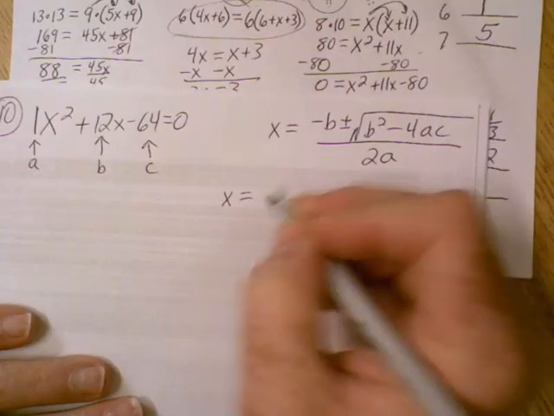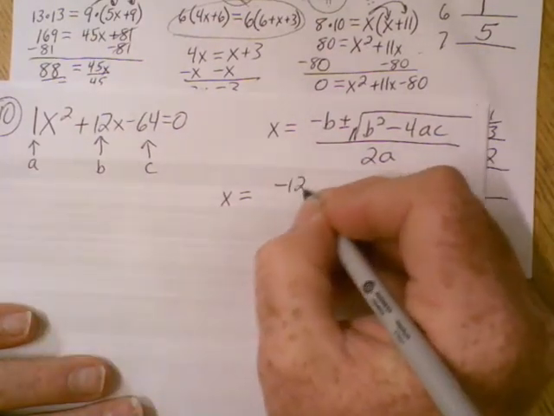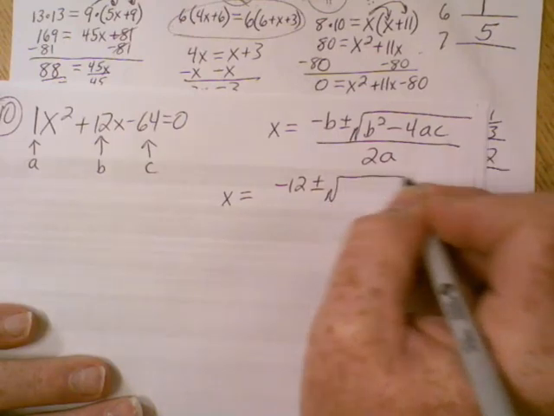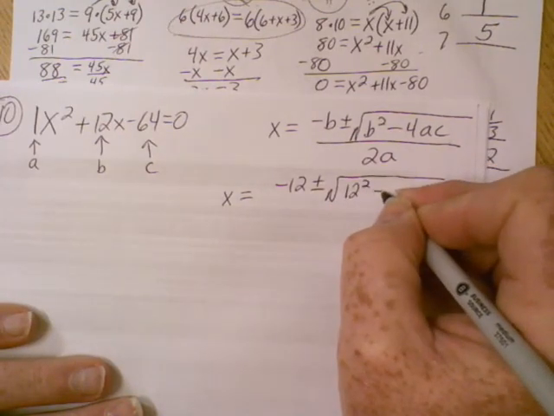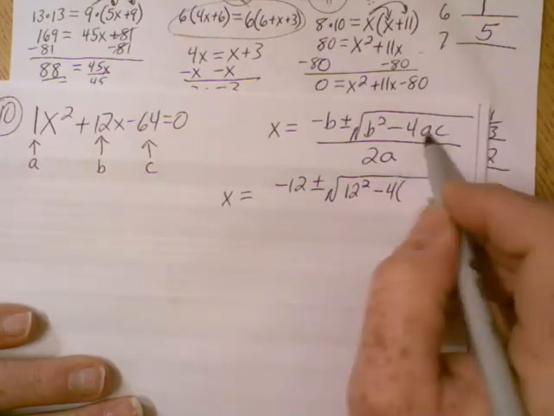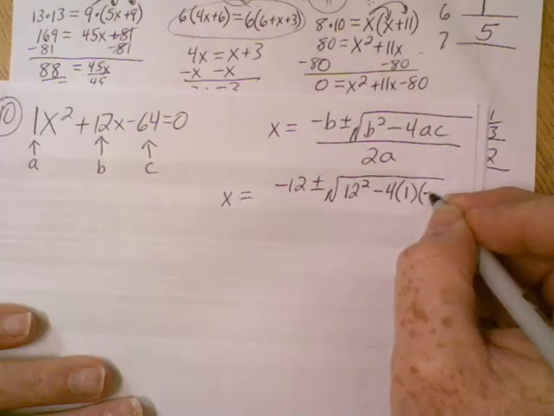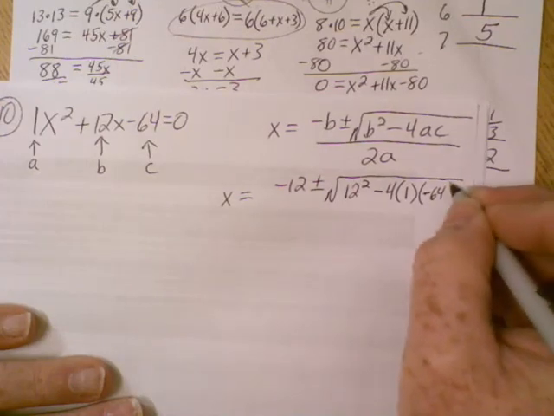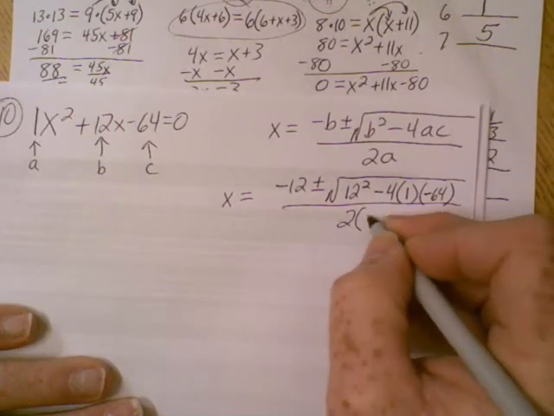So I get x equals the opposite of B, which would be a negative 12 plus or minus the square root of 12 squared minus 4 times A, which is 1, times C, which is negative 64. Make sure you don't forget your negative there. Divided by 2 times A, which is 1.